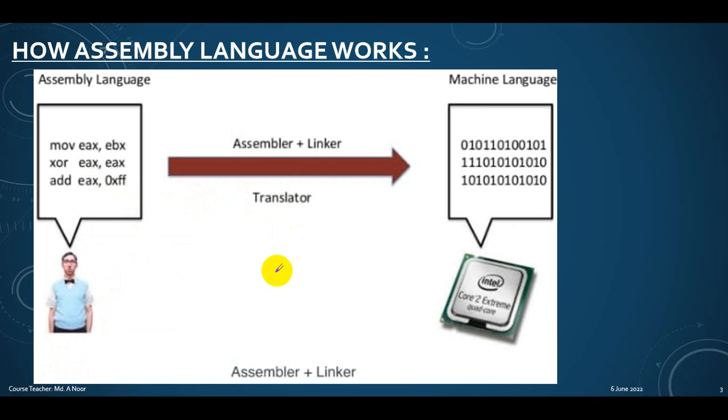When you write a bigger program, you follow a special technique called the divide and conquer approach. What is the divide and conquer approach? You divide the bigger problem into smaller parts. Then you solve those smaller parts separately.